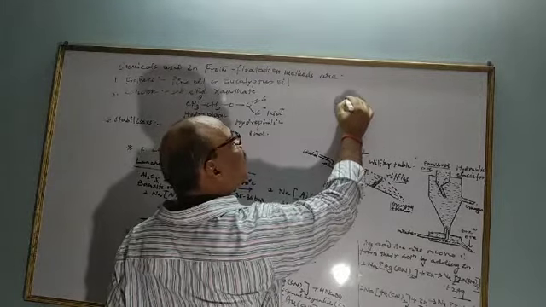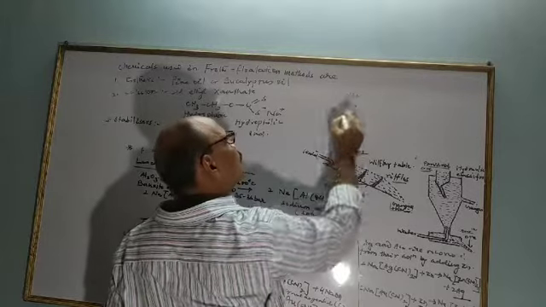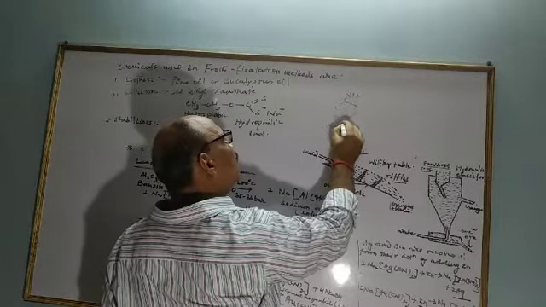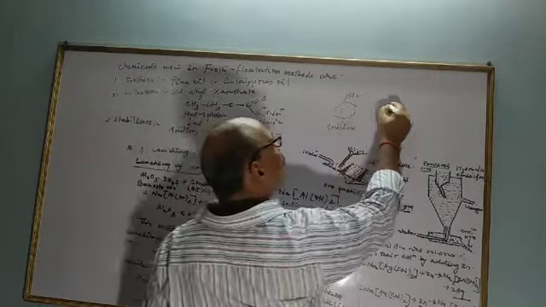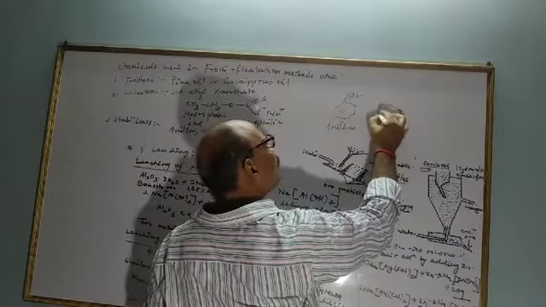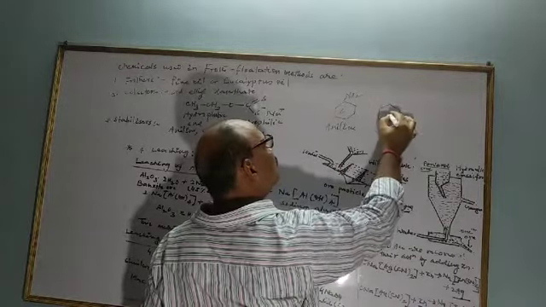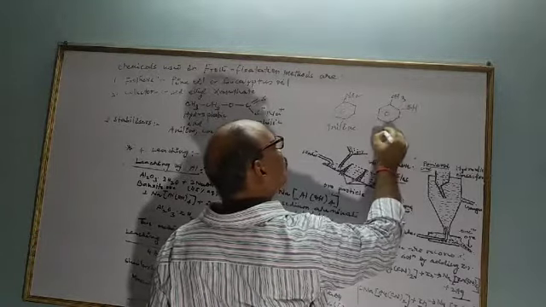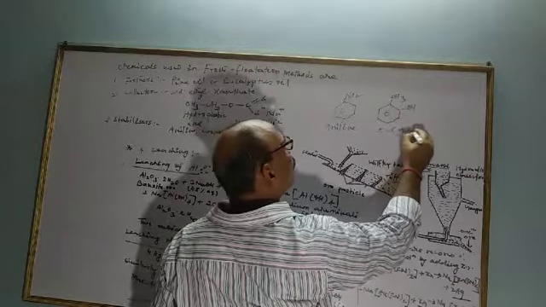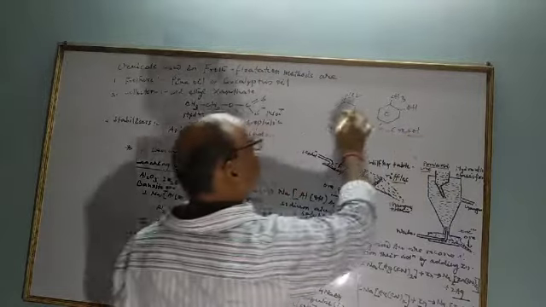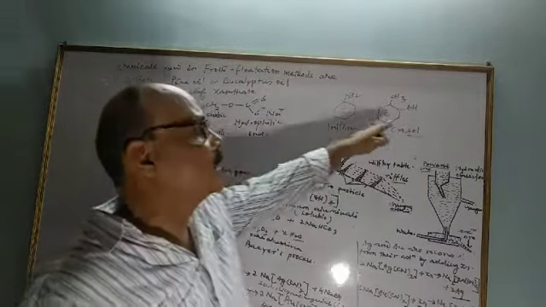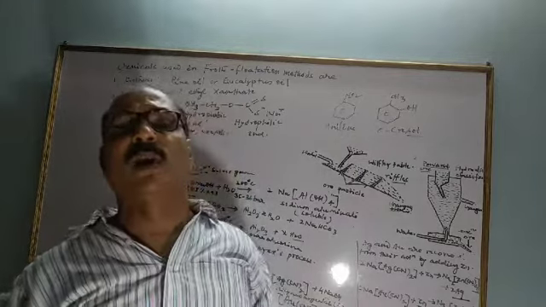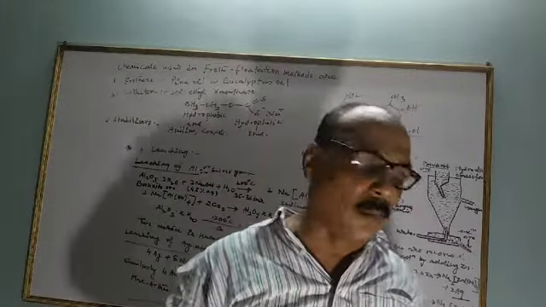Aminobenzene is known as aniline, NH2. Aniline is the aminobenzene, and cresol, hydroxymethylated benzene, CH3OH. It is o-cresol. So either this or this acts as a froth stabilizer. It makes the froth stable.